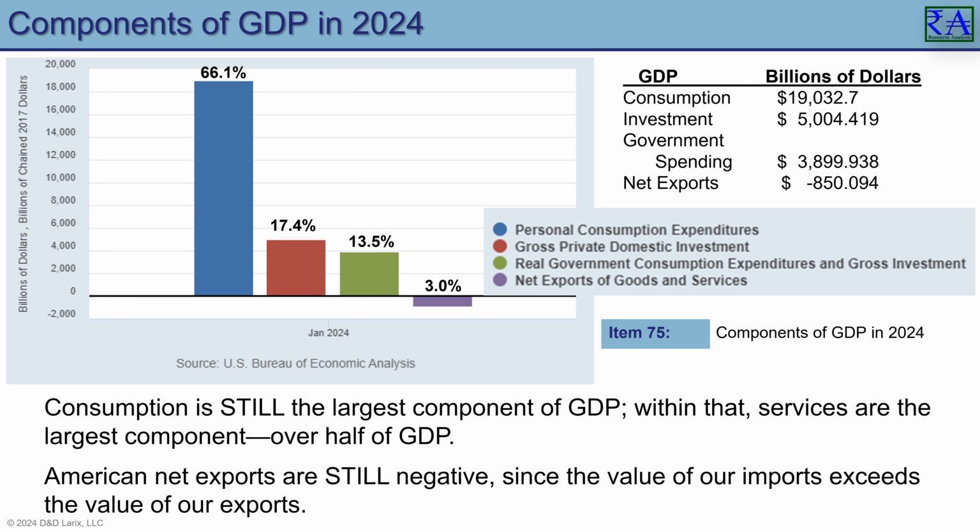For instance, gross private domestic investment might show an increase due to more investment in technology and infrastructure. Government consumption and gross investment may reflect changes in public spending priorities, and net exports could show the impact of trade policies and international market dynamics. Analyzing these changes helps us understand the evolving nature of the economy and the factors driving growth and development.